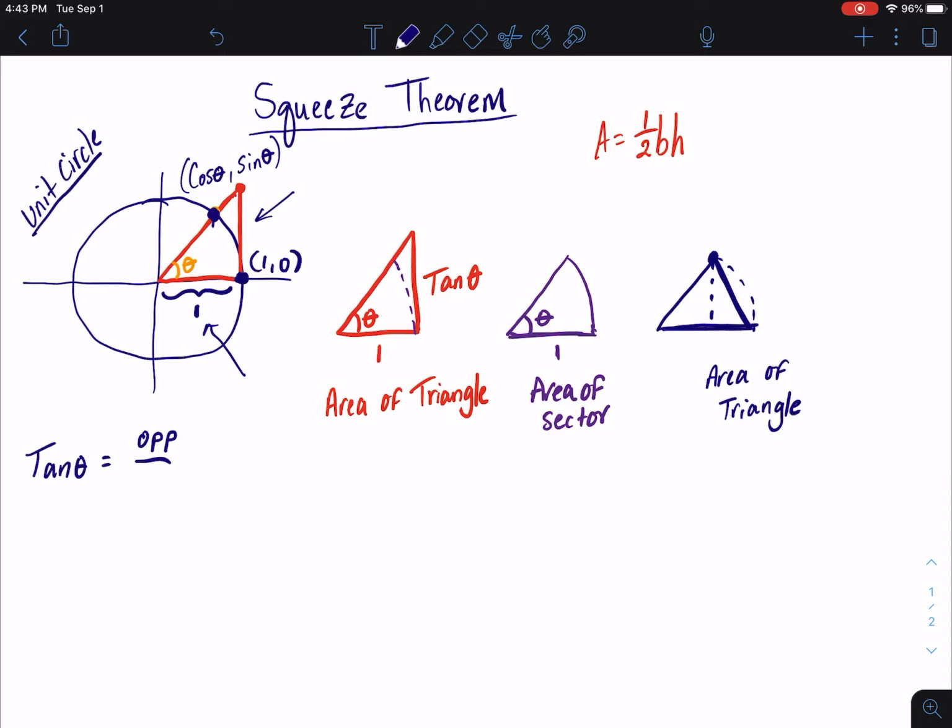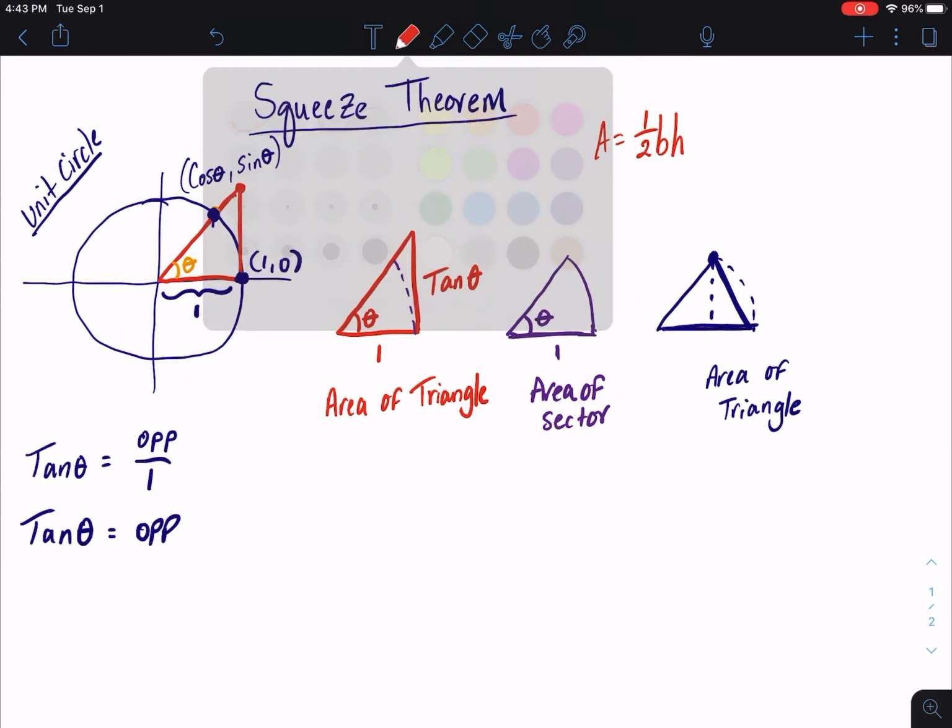So it's going to be opposite, which we don't know what that is right now, over adjacent, which is 1. Okay, and so if I want to figure out what that opposite side is, opposite divided by 1 is just going to be opposite. So this tells me that tangent is actually going to be that opposite side. So this point here is going to be (1, tangent theta).